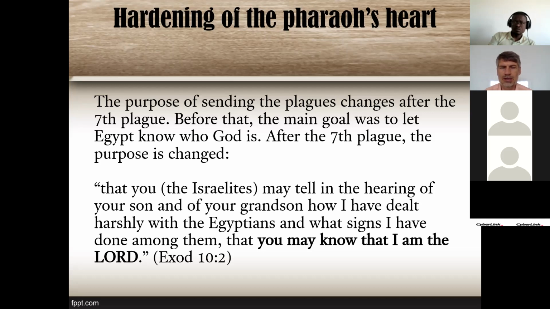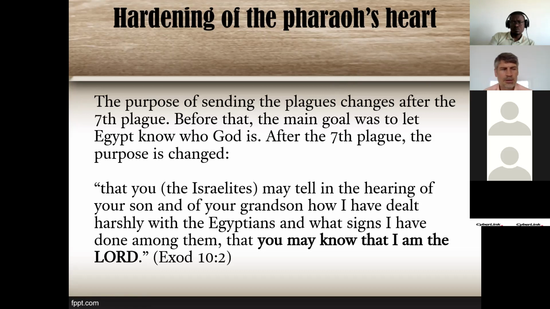But the purpose of the rest of the plagues is given not mostly to Pharaoh and the Egyptians, but mostly to the Israelites. So the Israelites also should understand who God is. This is the book of Exodus. We read from the book of Exodus, of course.